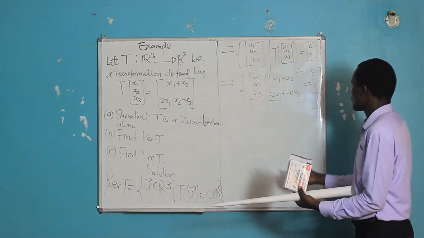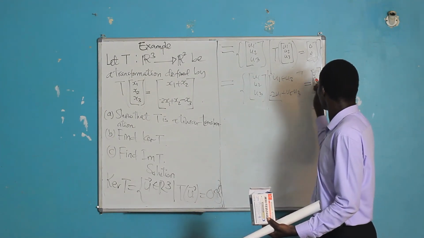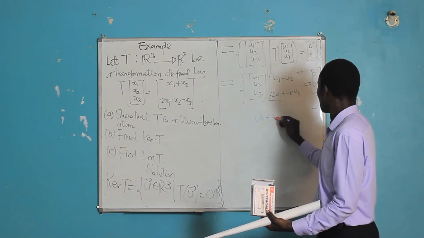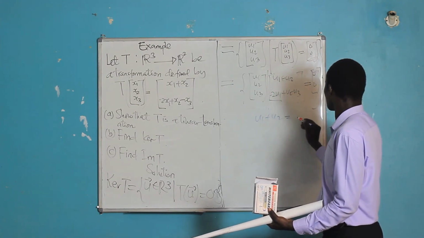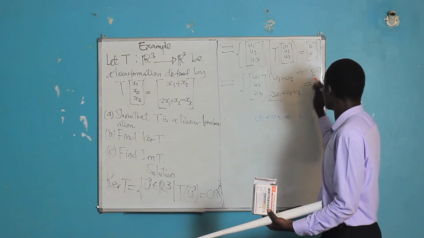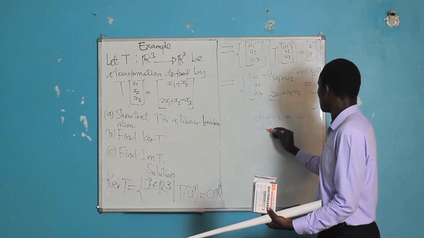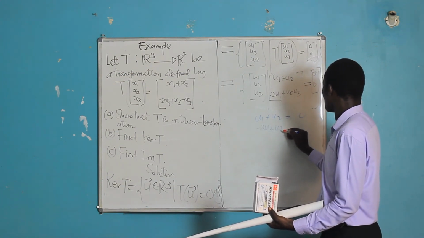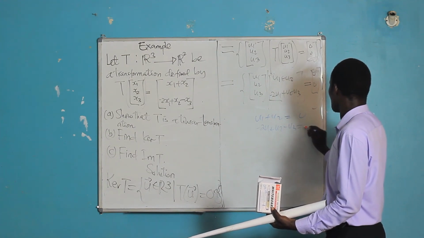That's U1 plus U2 equal to 0, and negative 2 U1 plus U2 minus U3 equal to 0.